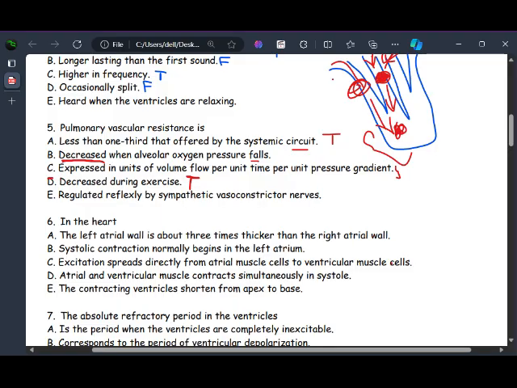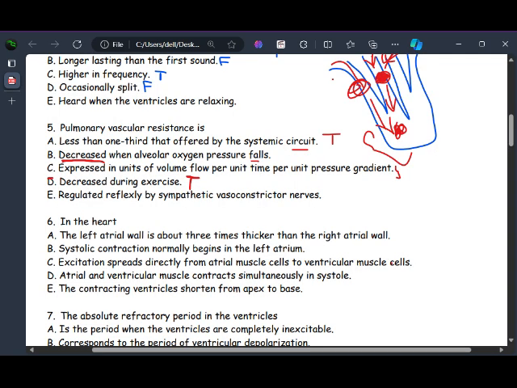If the lungs themselves notice that a large amount of blood is being sent to this particular area, then that reduces the resistance so that it can help compensate like that.